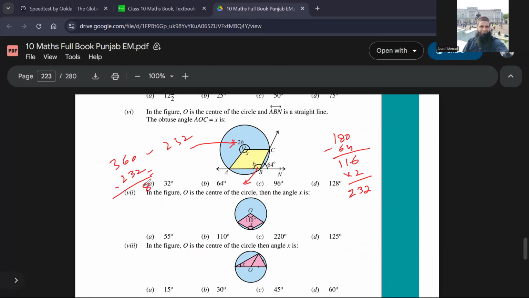So this is 128. So option number D is the correct answer. According to the formula, you have to memorize that B in this case is circumangle, right?